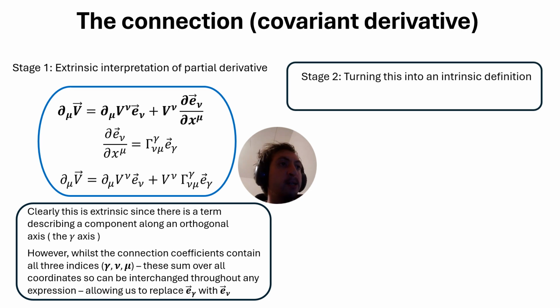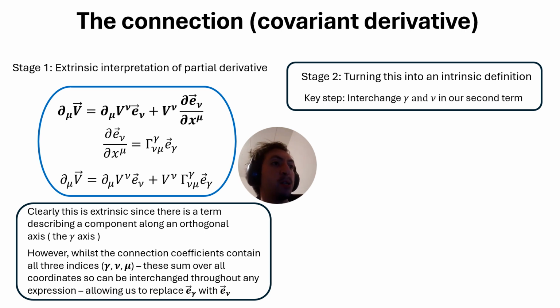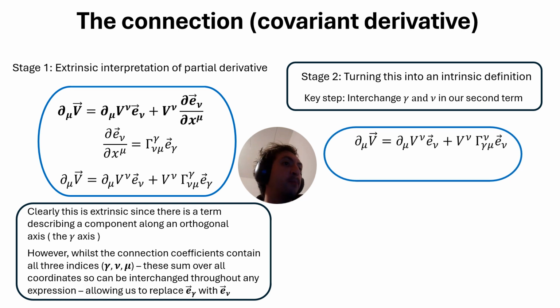So to get to a more intrinsic definition, i.e. to get rid of our basis vector in the gamma direction and replace it with a basis vector in the nu direction, we just interchange gamma and nu, and that leaves us with this expression where all I've done is, in the final term on the right hand side, replaced gammas with nu's and nu's with gammas.